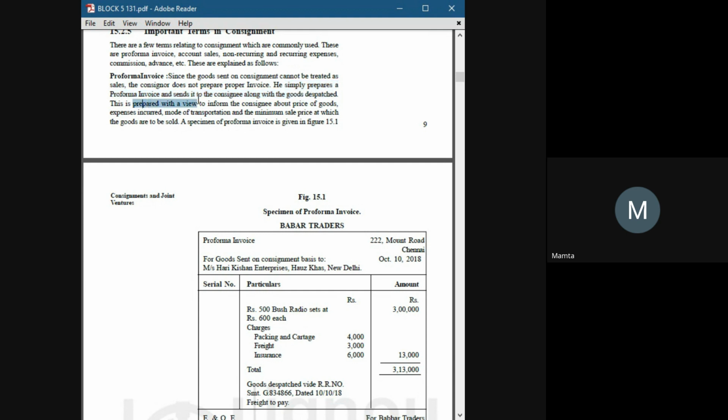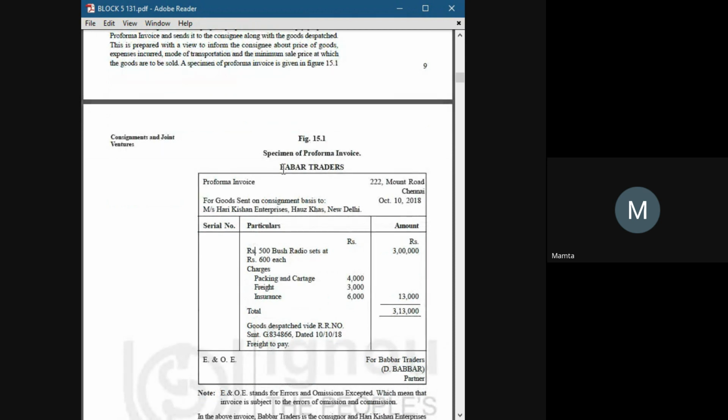This is prepared to inform the consignee about the price of goods, the expenses incurred, the modes of transportation, and the minimum sale price at which the goods are to be sold. Means the consigner needs to set a bar for the agent: this is the minimum price, you can't sell my goods below that price.